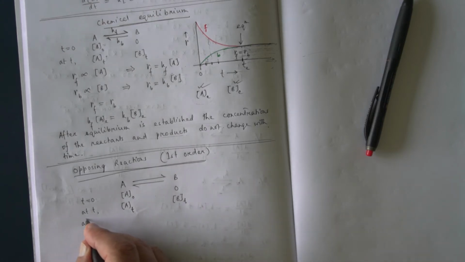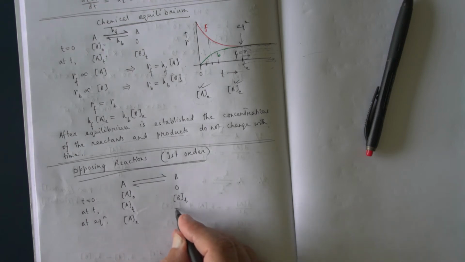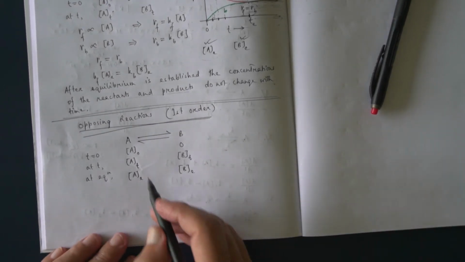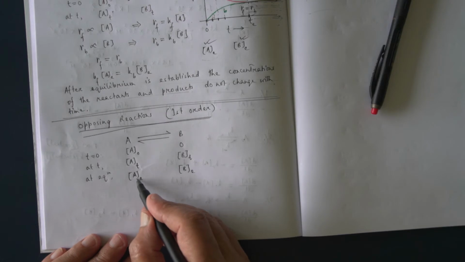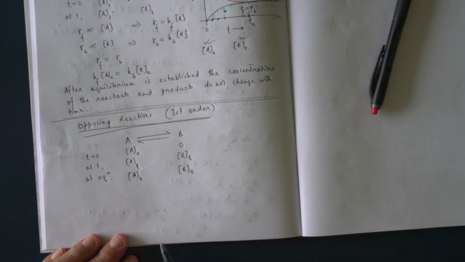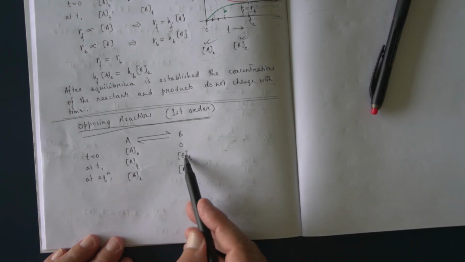And at equilibrium, concentration of A is say AE and concentration of B is say BE. Okay. So here these are constant, but these are not constant. As time changes, concentration will change.